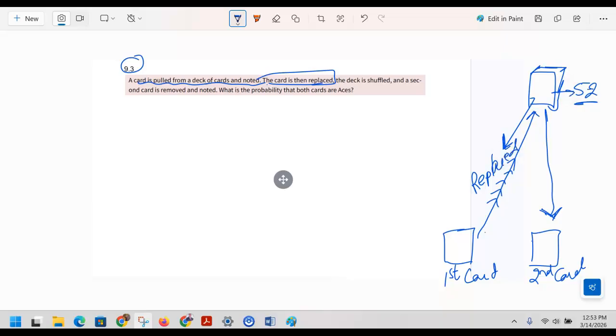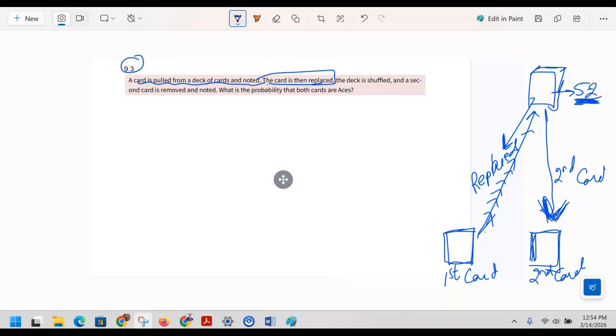You're back to 52 cards, and then you're picking the second card. So when you pick the second card, you are back to all 52 cards. The probability of whatever this card will be has nothing to do with the first card. Why? Because you already put it back. So you are getting all your cards.